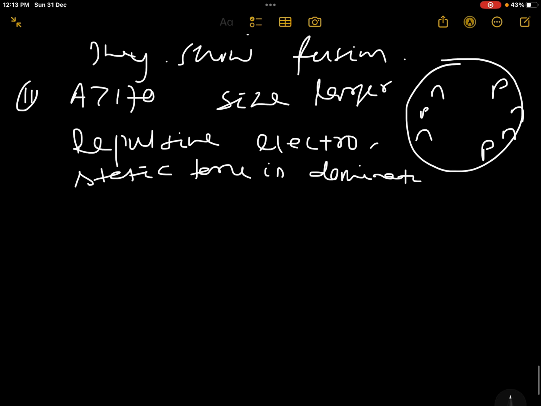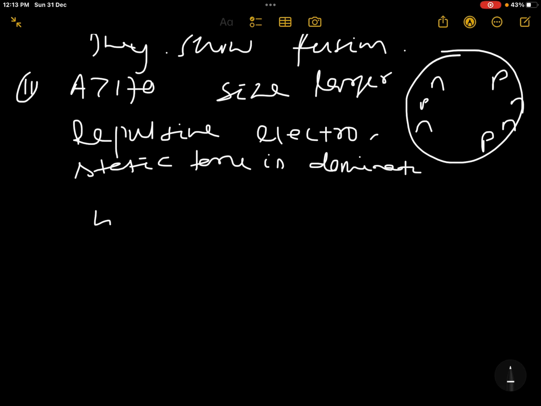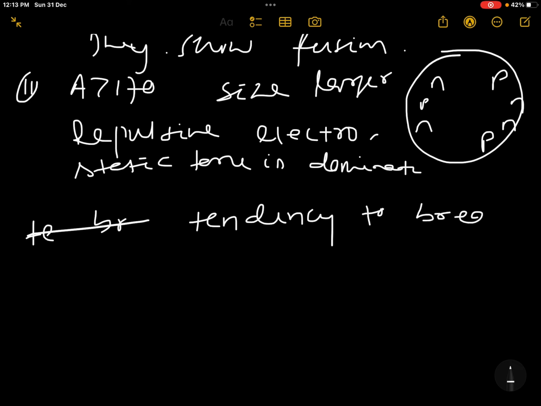So due to the dominating repulsive electrostatic force, they have a tendency to break. So they show fission. Okay.